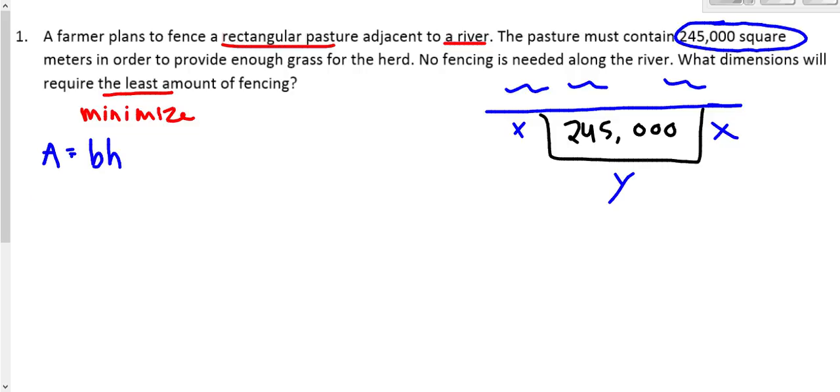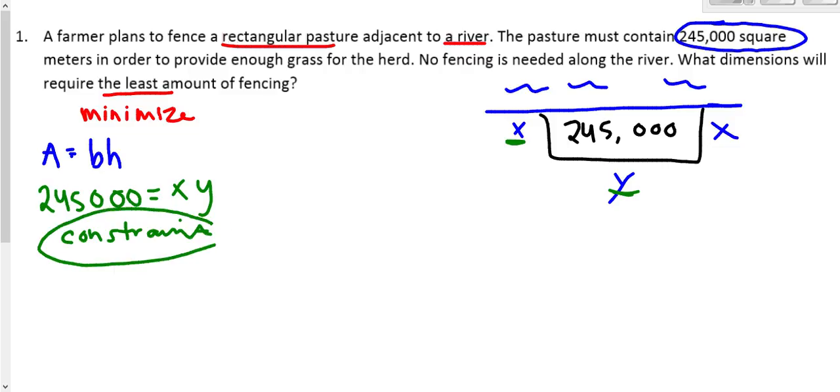So our constraint is that 245,000 has to equal our base times height, which in this case is x times y. You can use any variable you want. We just chose x and y because it's easy to work with. So this is our constraint. That is going to help us give them the answer they want.